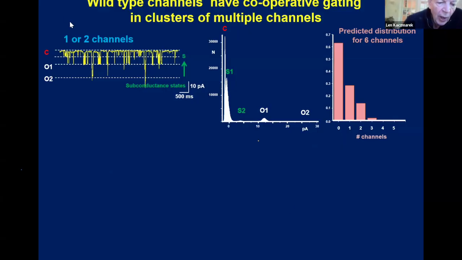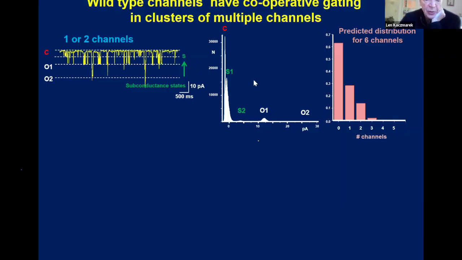So now this is a wild-type channel, and now we're looking at openings going downwards, and these deflections downwards from the closed, the open 1, open 2 state. You can see this is a wild-type channel with 2 channels in the patch, and if you know how 1 or 2 channels behave, you can take a guess at what would happen if there were 4 channels in your patch, or 6 channels in your patch.